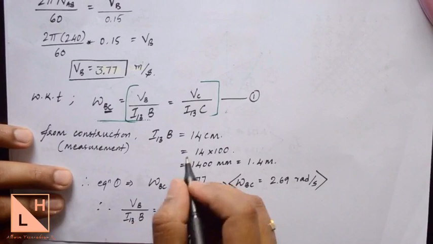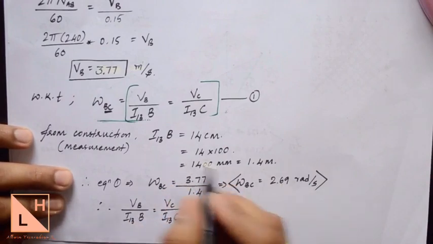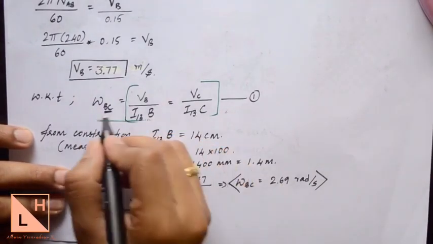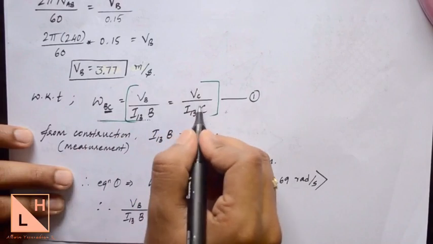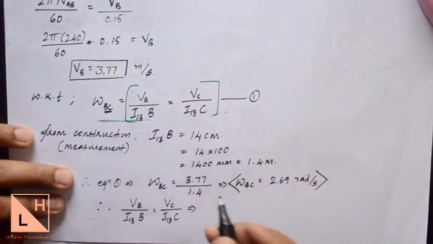VB by I13B is already calculated as 2.69. We can also take the first and third one. Omega BC can be taken as VC by I13C as well. Anyhow, the value will be the same.